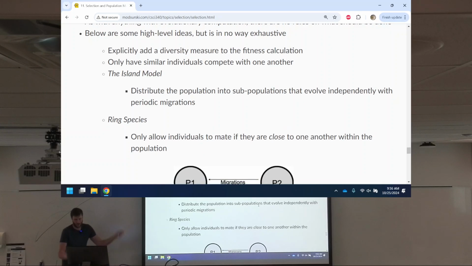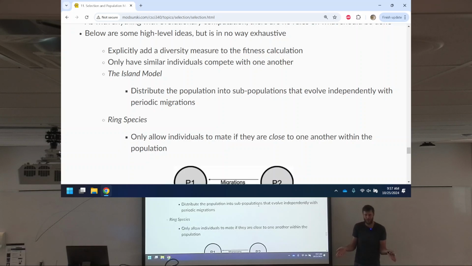Explicitly add a diversity measure to the fitness calculation. That's easy. Now, we haven't talked about multi-objective optimization yet. We will soon. But if I've got my fitness value, and I have a mechanism to measure diversity, where I can crunch it down to a number, then maybe I could just add those two numbers together.